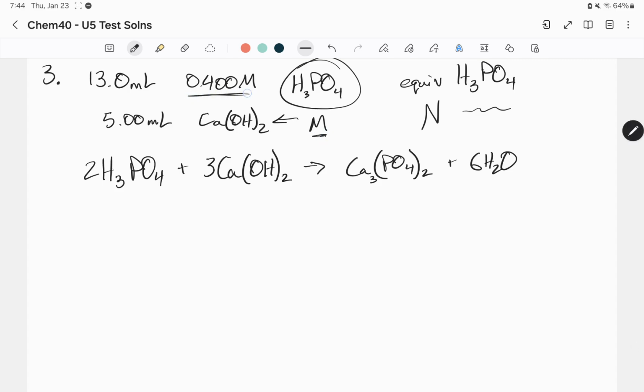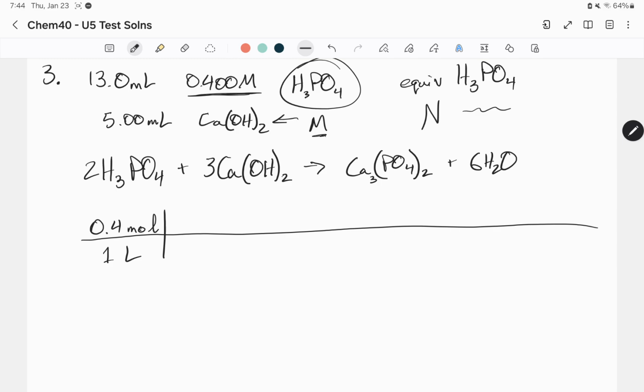Well, we are told the molarity of phosphoric acid. So 0.4 moles per liter, that's phosphoric acid. We have 0.013 liters of phosphoric acid. I just converted milliliters to liters by dividing by 1,000.